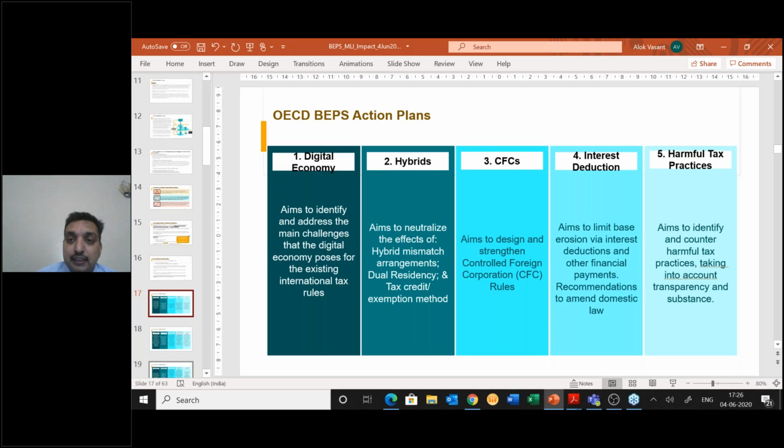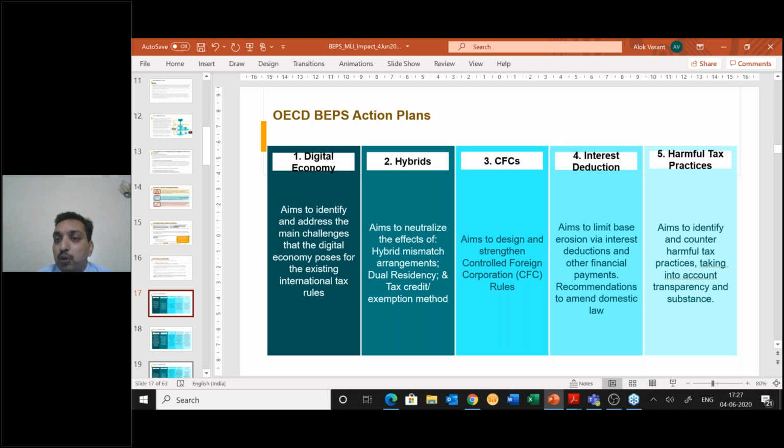Action plan 4 talked about interest deduction. In a country where there were high tax rates, multinationals could arrange their affairs in a manner that they put in higher leverage or higher debt in that country, so that the taxable profits are lower, and they could gain advantage of the interest payouts because of the lower withholding tax rates.